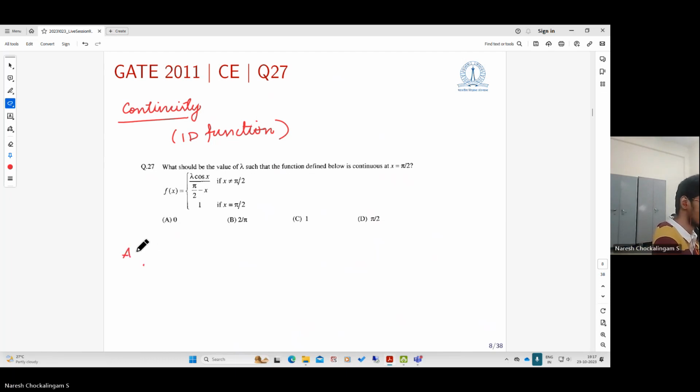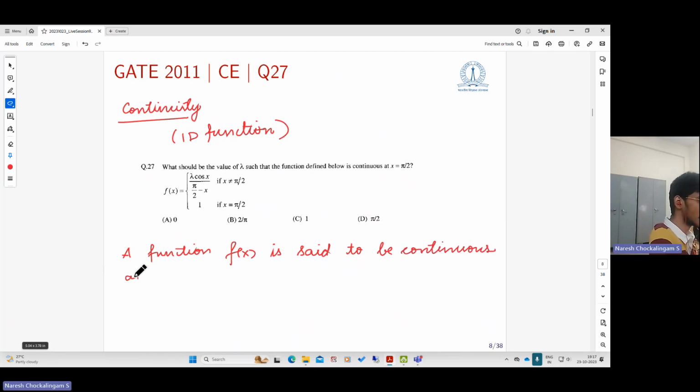A function f of x is said to be continuous at a point x naught if f of x naught, the function value at x naught, is equal to the limit of the function as x tends to x naught.